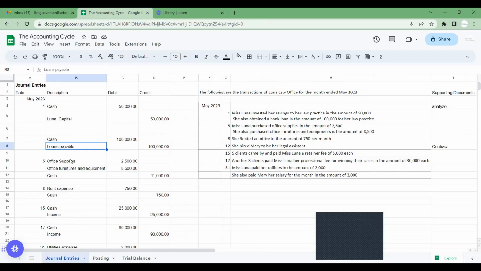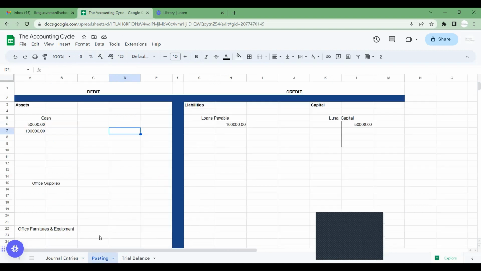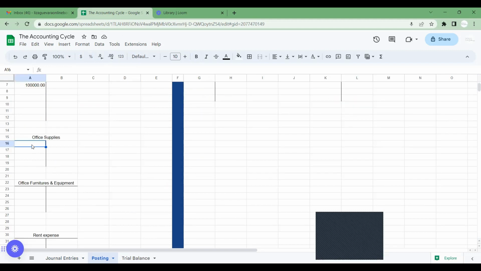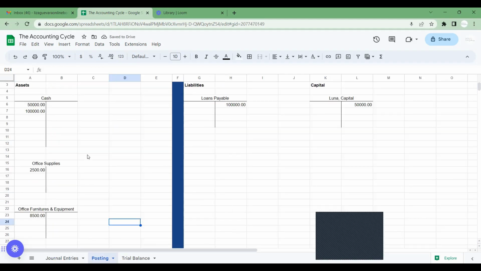So the next one, we should debit office supplies and office furniture and equipment and credit cash. So debit office supplies 2,500 and office furniture and equipment 8,500, and credit cash in the amount of 11,000.